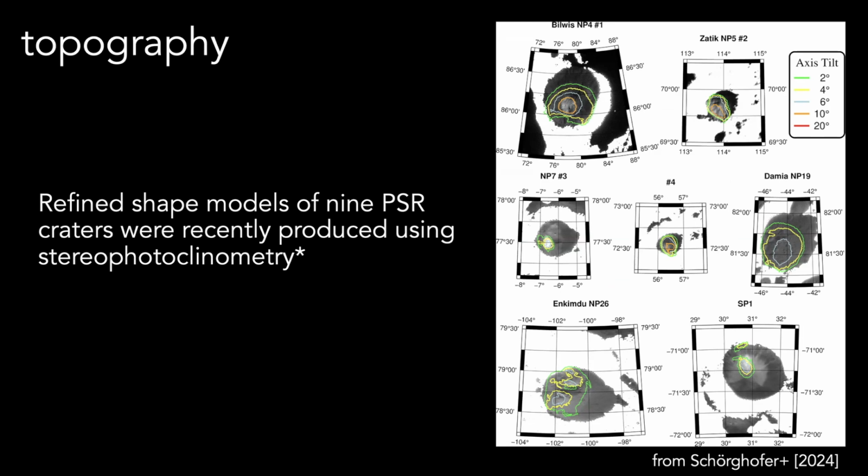Now I'll return to how these shape models were made and some caveats, because the fact that stereophotoclinometry was used to produce shape models of shadowed craters might be raising some alarm bells, but we'll get back to that. But in this work, the authors used these shape models to calculate illumination and temperature within these 9 craters at a range of different Ceres obliquity values.